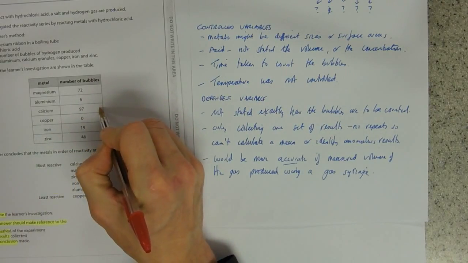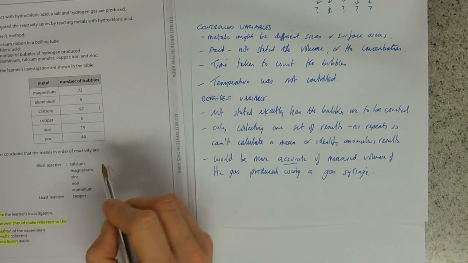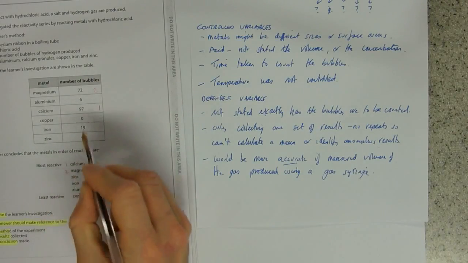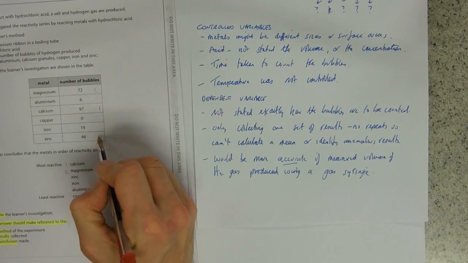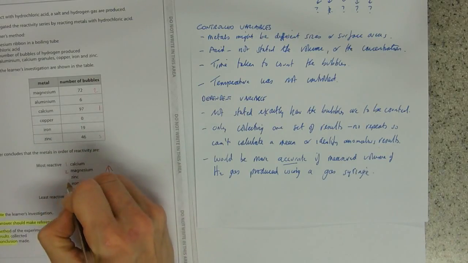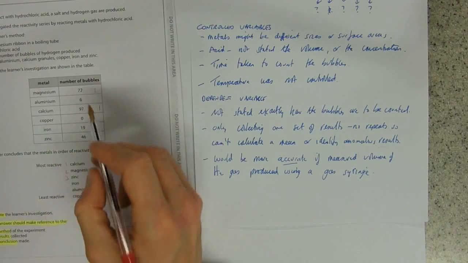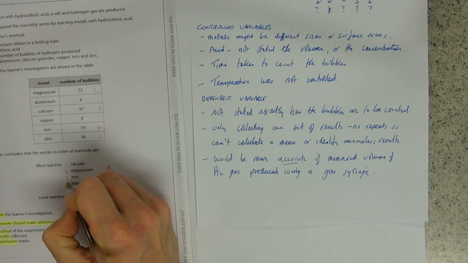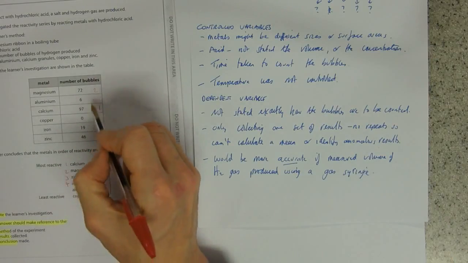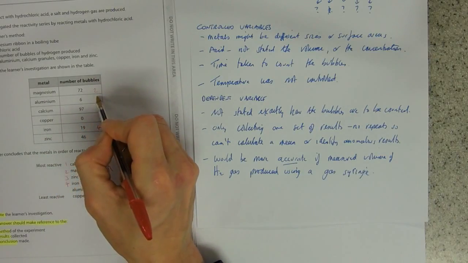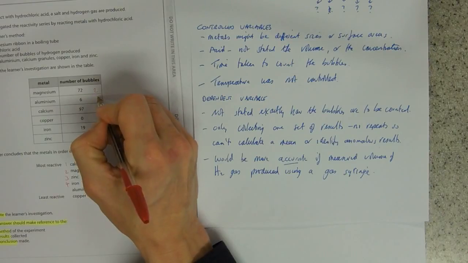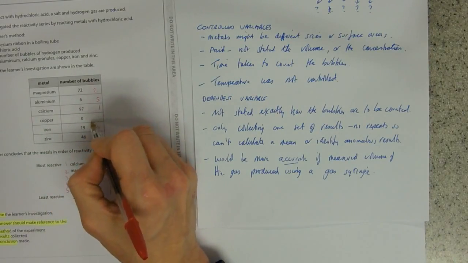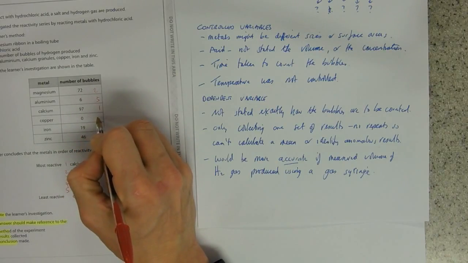Well, number one was calcium, and then it was magnesium, then it was 46, that is zinc, then it was 19 iron, then it was 6, that was aluminium, and then the last one in last place, copper.